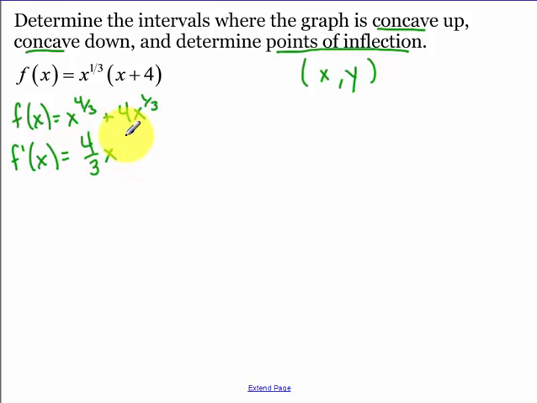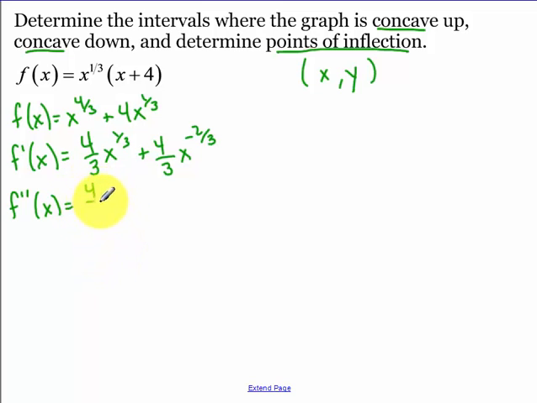Alright, x to the 1/3, subtract 1, we get 1/3 plus 4/3 x to the negative 2/3. I know that we've told you guys not to have negative exponents. It's okay now. We're very strict in early classes, and we're a little less strict when we get to calculus. Find your second derivative.